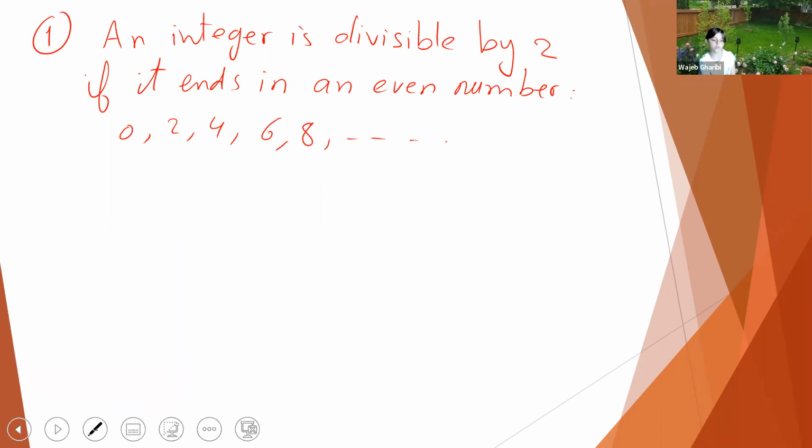The second rule is an integer is divisible by 3 if the sum of its digits is divisible by 3.